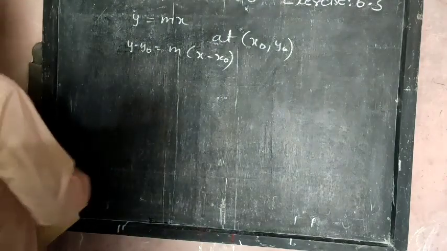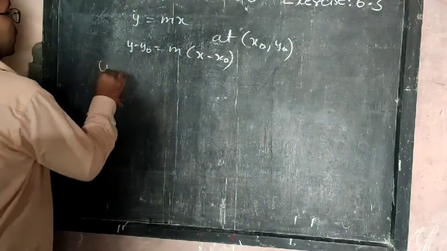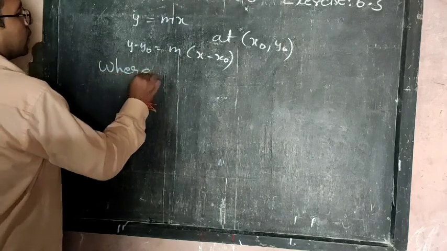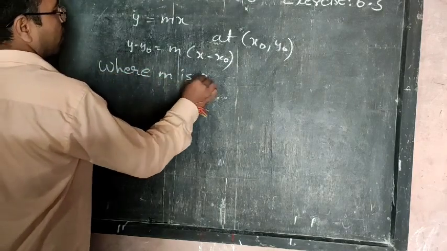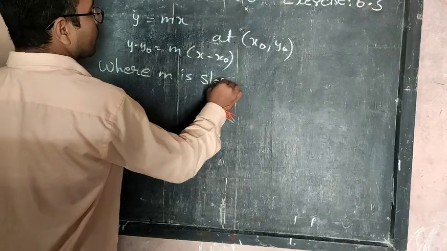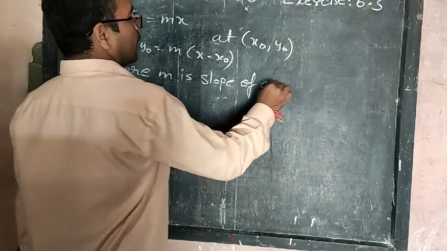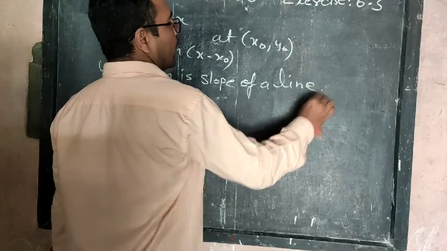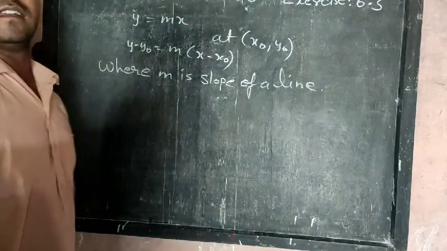So this m is what? m is the slope of a line.